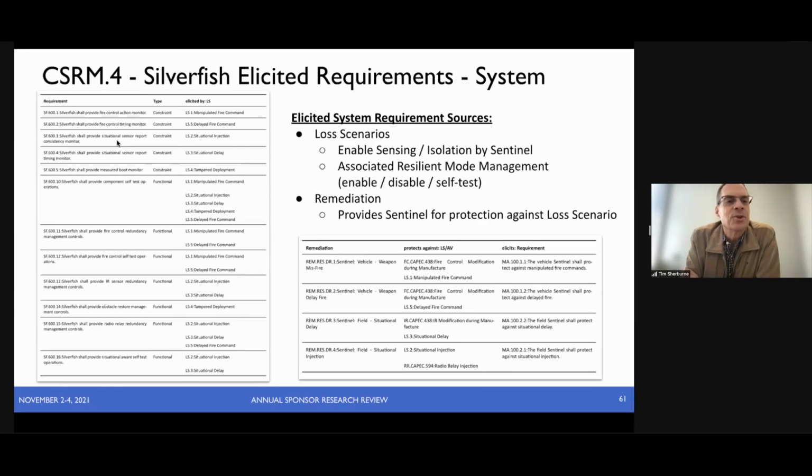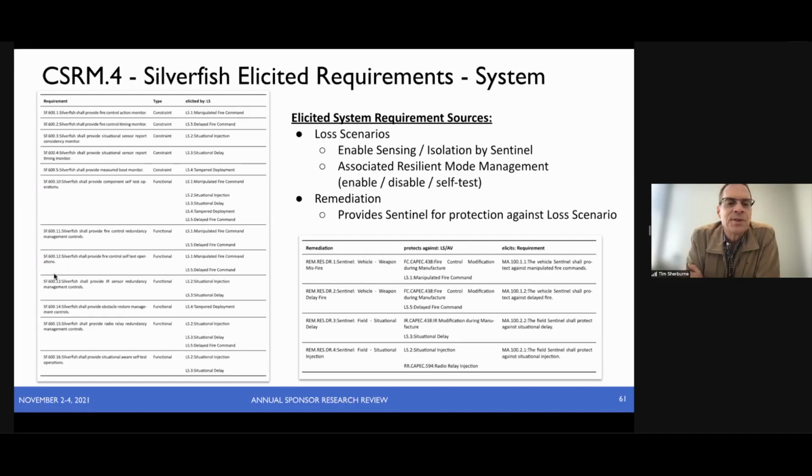For some of these situational awareness loss scenarios, we need mechanisms to monitor consistency between the different sensors. So, thinking through making sure that the Sentinel and the system have mechanisms to work together, I set up constraint requirements to enable the Sentinel. It is these first set of requirements.